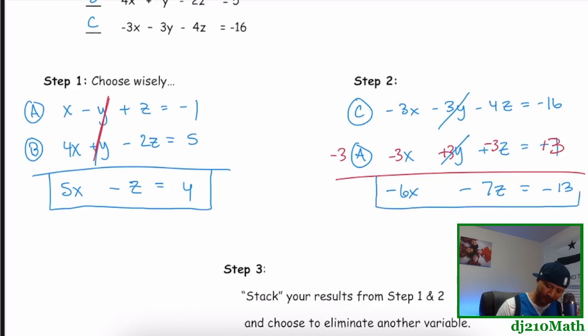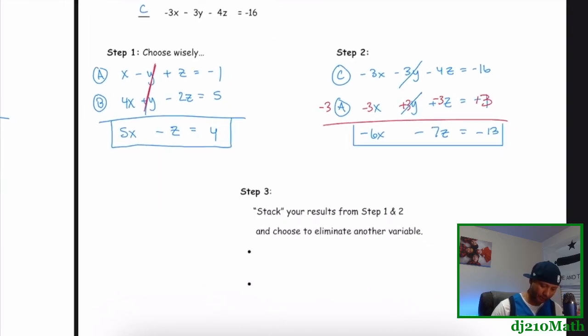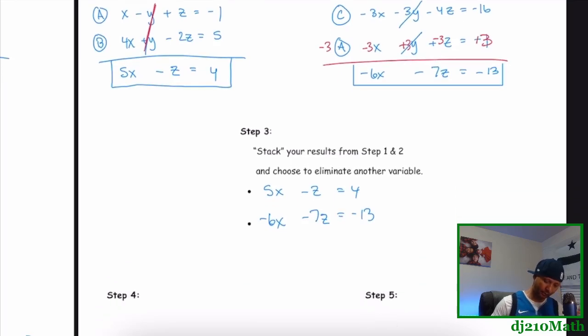Okay, we have an x and a z. All right. We're going to stack both of these in step 3. So 5x minus z is equal to 4. Minus 6x minus 7z equals -13. All right, I'm going to multiply. So I'm looking, right?